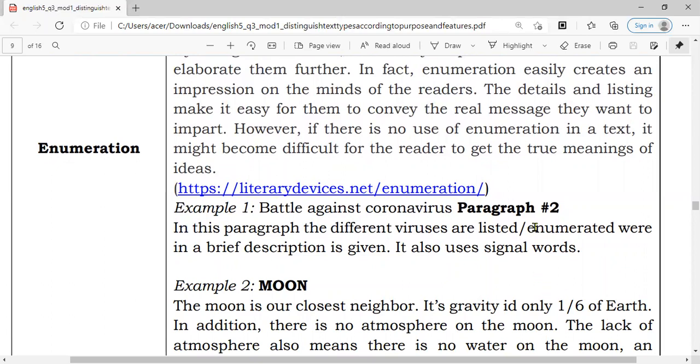Yes, because you have there listings, the four main subgroupings. They are listed or enumerated, no? Enumerated subgroupings of coronavirus and 3 identified coronaviruses.